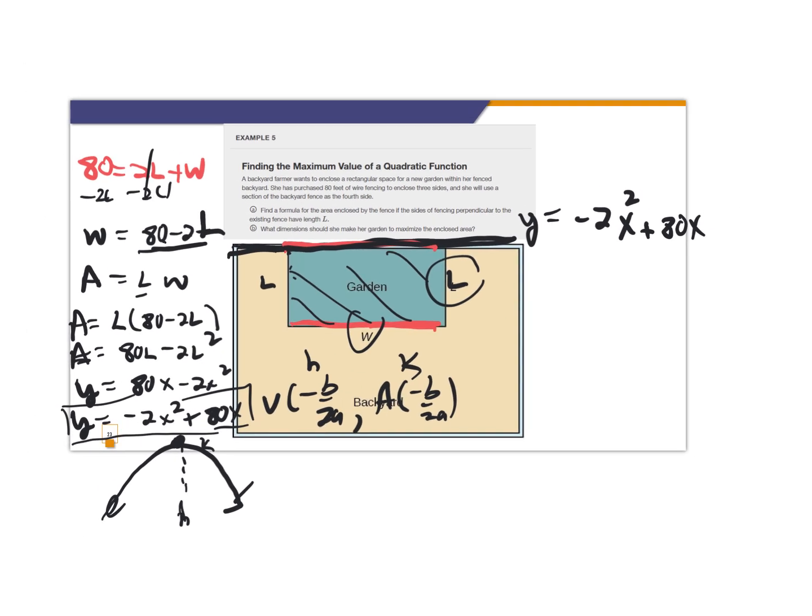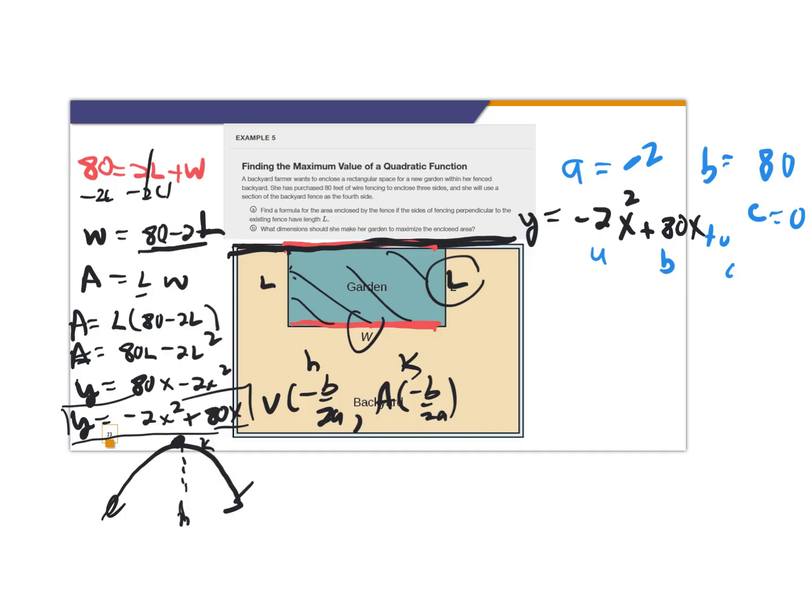And so a is the number in front of the variable being squared, so a has to be negative 2. b is the number in front of the x term, or the L term, 80. c is the number, if that's my a, that's my b, my c is over here. Well, there is no number, so it's plus 0. So c is 0.